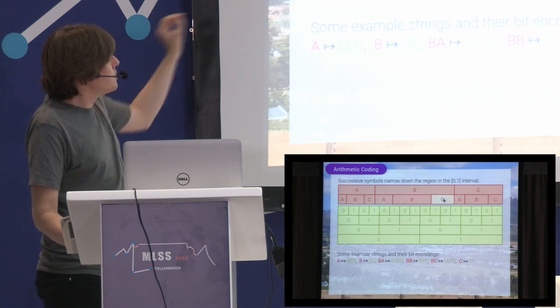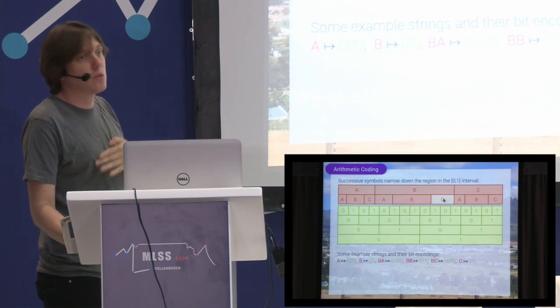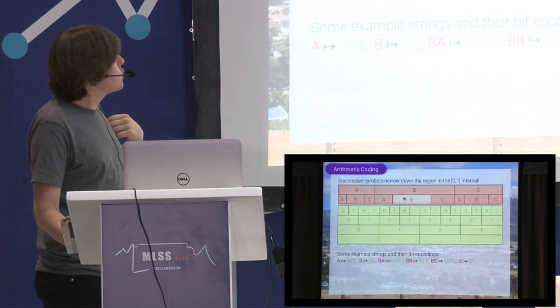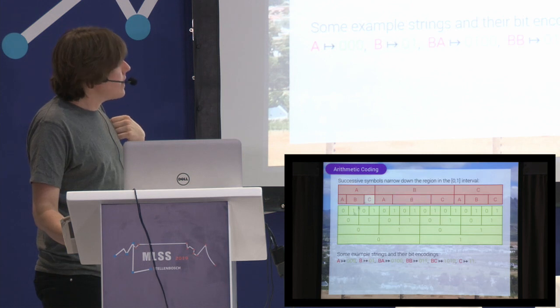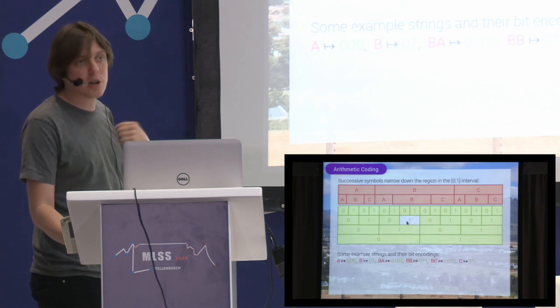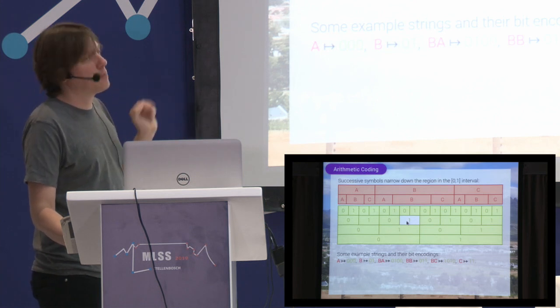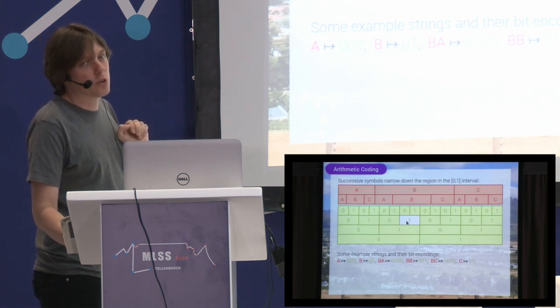So putting different distributions everywhere allows you to effectively map your distribution over sequences to an interval on the real line. And then all you do is binary chop, chop, chop, and you end up having a code. So for example, BB can be encoded with 0, 1, 1, right? We can stop here because it's fully inside the B. That will optimally or near optimally give you a code for that thing.